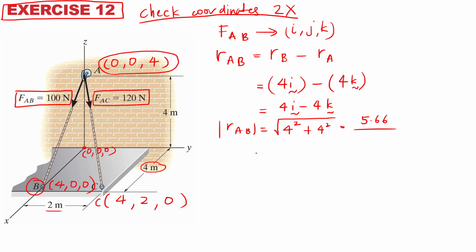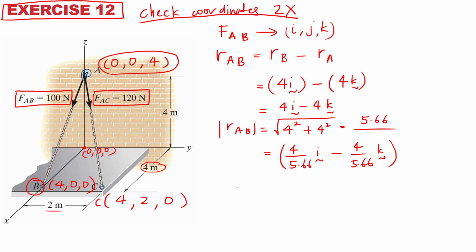So the position vector will be 4 over 5.66 i minus 4 over 5.66 k. This is the position vector.